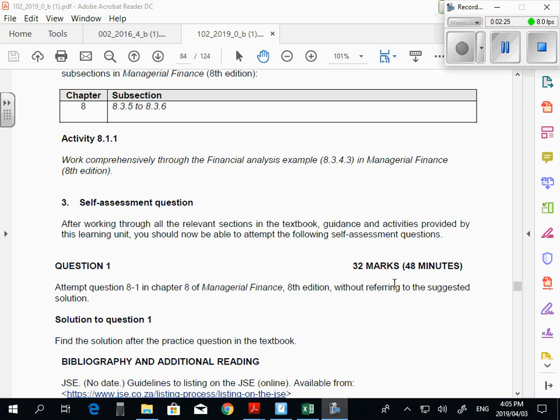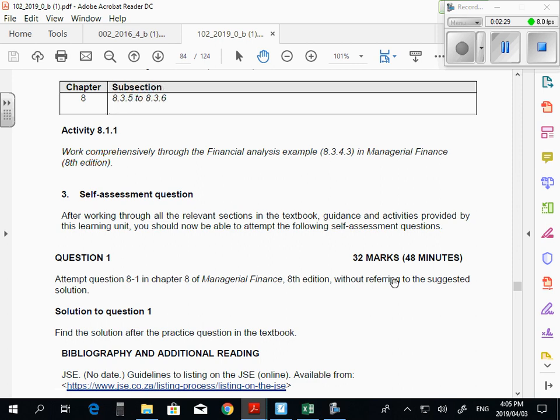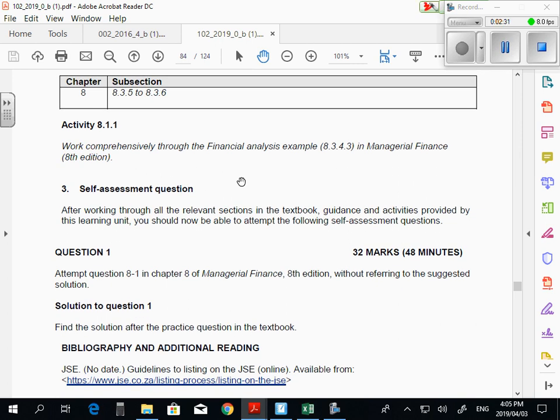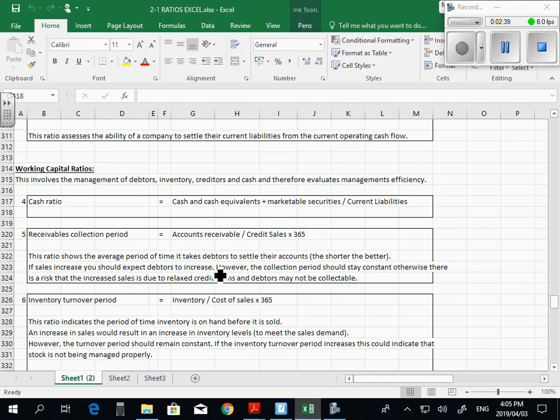So for Funky Junk itself, guys, this example, I'll post it on the classroom, and you can go through it yourself. The actual notes themselves, guys, you'll see that they're notes, this set of notes here. If you look at the 2017 class, guys, and you want to go through this spreadsheet step by step, everything in the notes that I've handed out, I've handed out ratio notes to you.